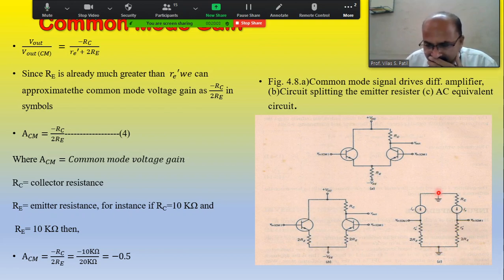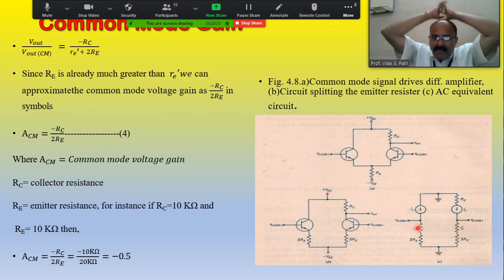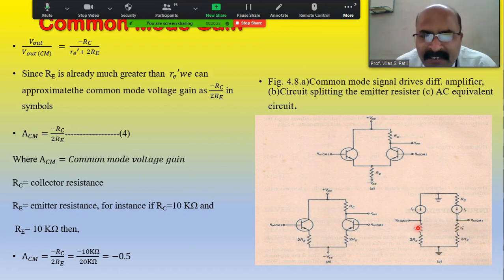Here we see that there are two biasing sources, and VCM will be shown, with R dash E being the emitter resistance of both the transistors. Again, 2RE is the high unbypassed resistance that will be shown in the operational amplifier, and this will be the equivalent circuit.